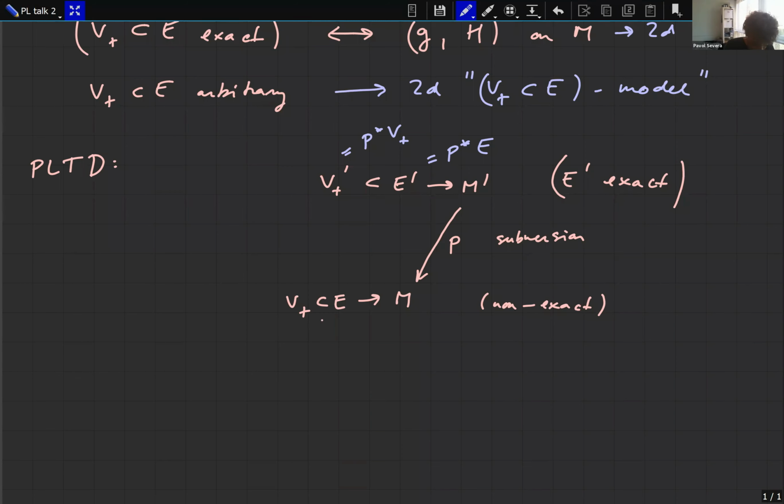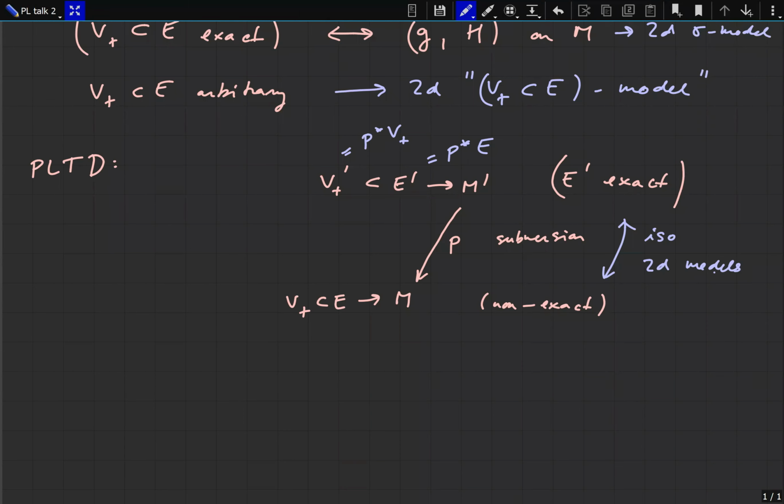Downstairs we have this strange sigma model, but the statement is that these two sigma models are equivalent. So these two 2D models are sort of isomorphic. So here we have isomorphic 2D models.